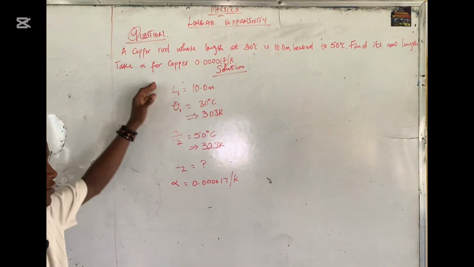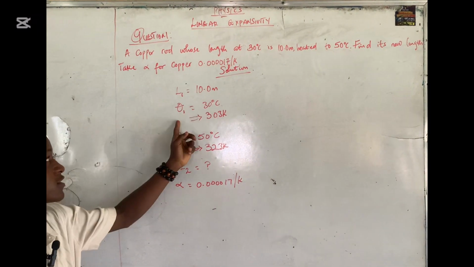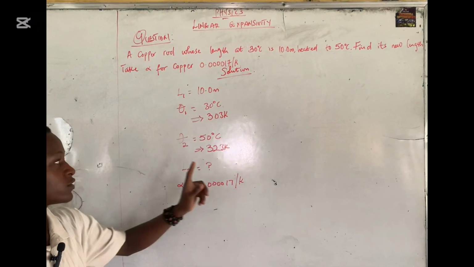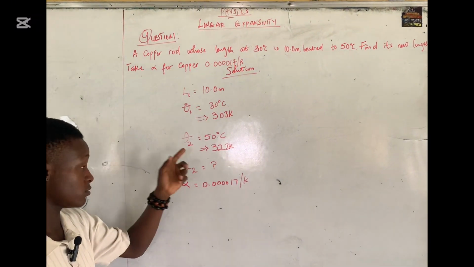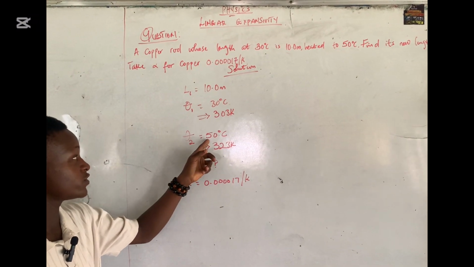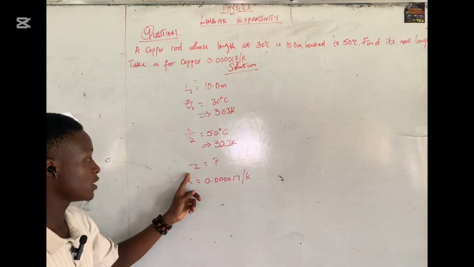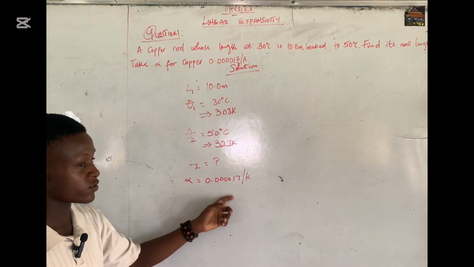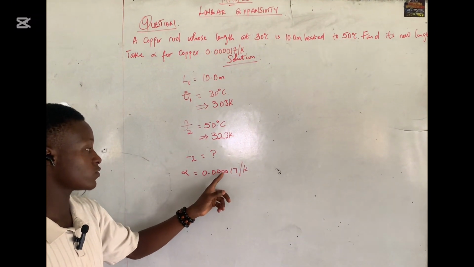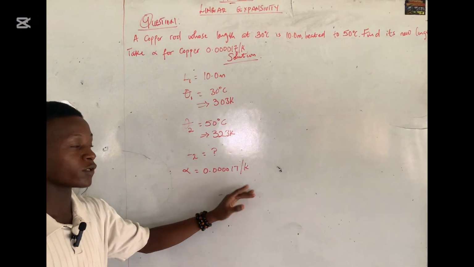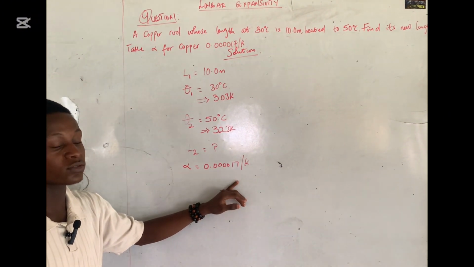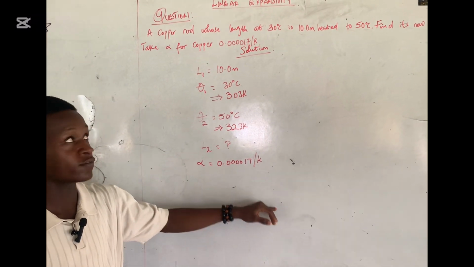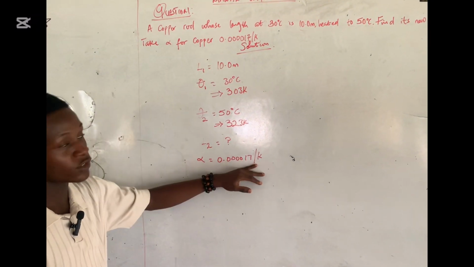These are our parameters: L1, the initial length; theta 1, the initial temperature, which we converted to Kelvin; theta 2, the final temperature, 50 degrees Celsius converted to Kelvin; L2, that's what we're looking for; and the coefficient of linear expansivity, 0.000017 per Kelvin. This depends on the type of material you're given. This is the value for copper.